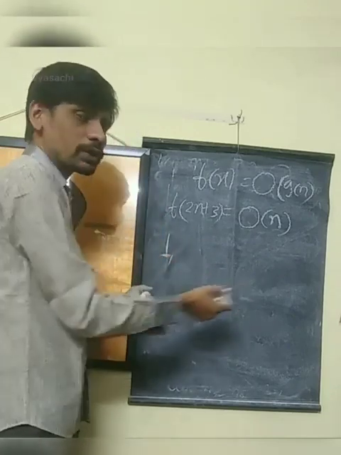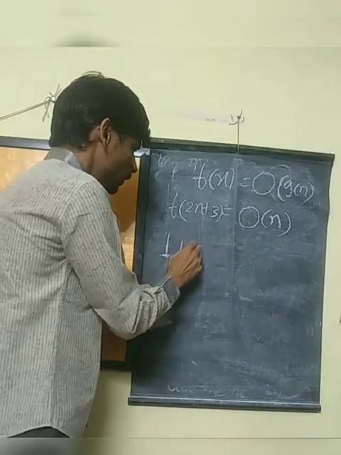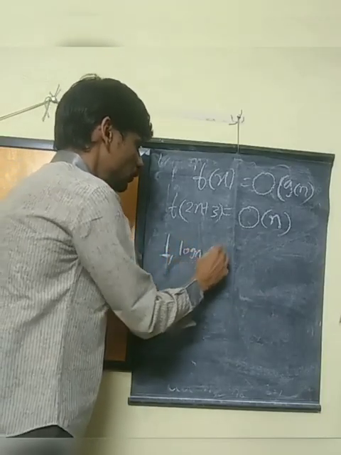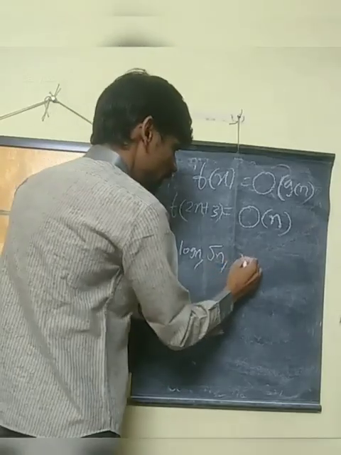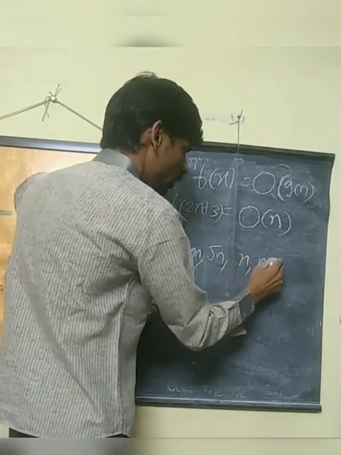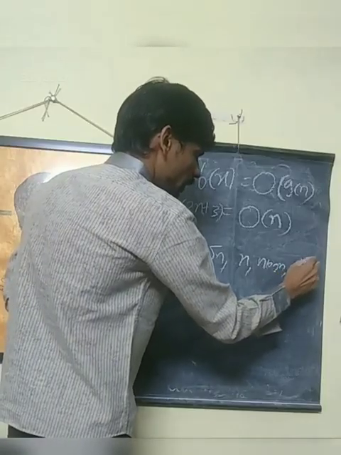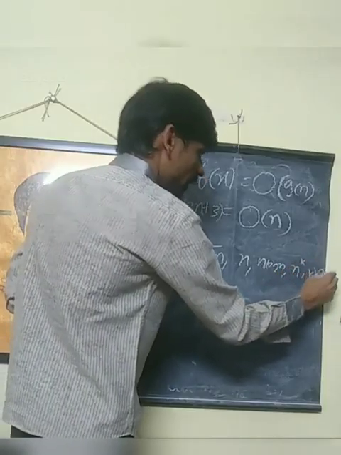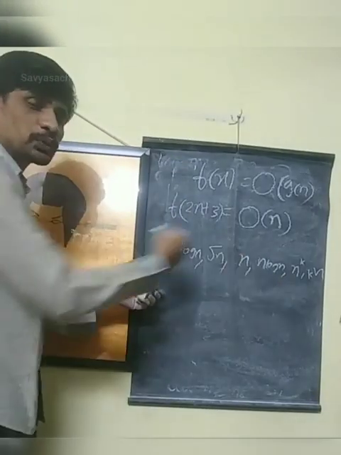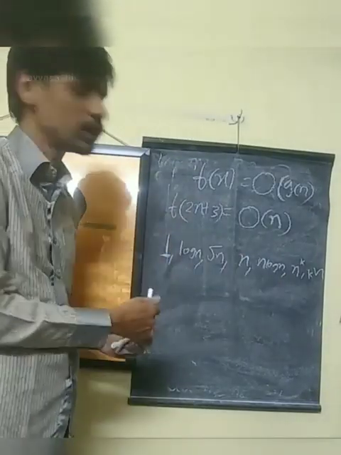We have other functions also, like log n, root n, n log n, n power k, k power n, right? These are things we have been learning from the start.